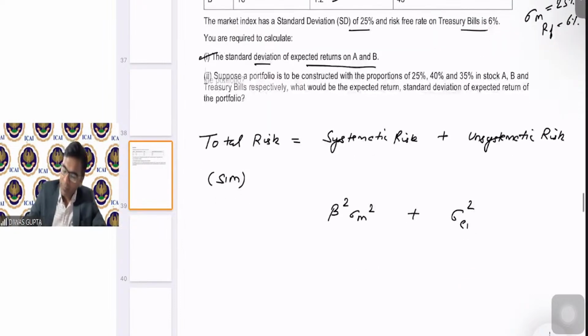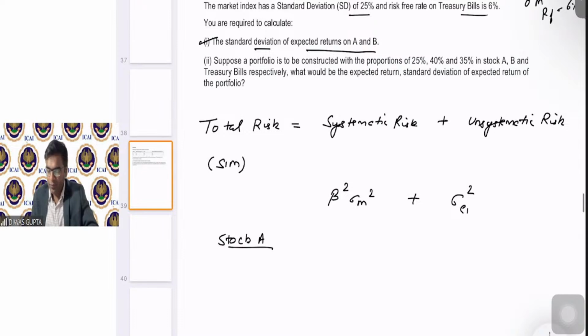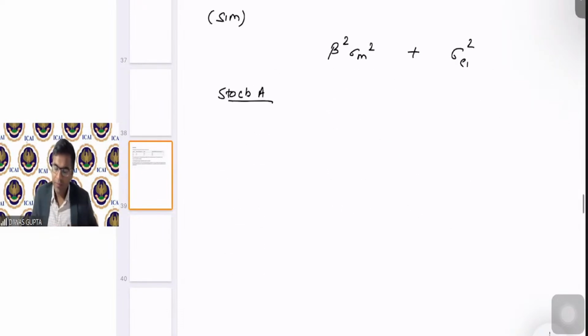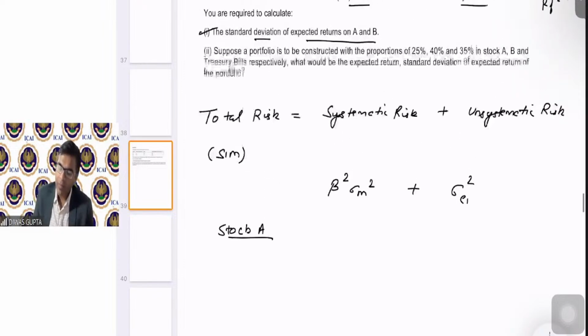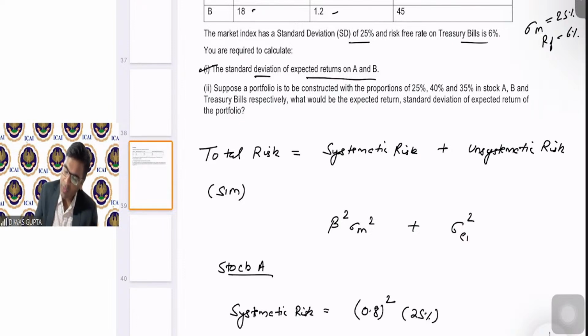Okay. So let's calculate that for stock A first. So for stock A, what is the beta? 0.8. Systematic risk: 0.8 square and 25% square.